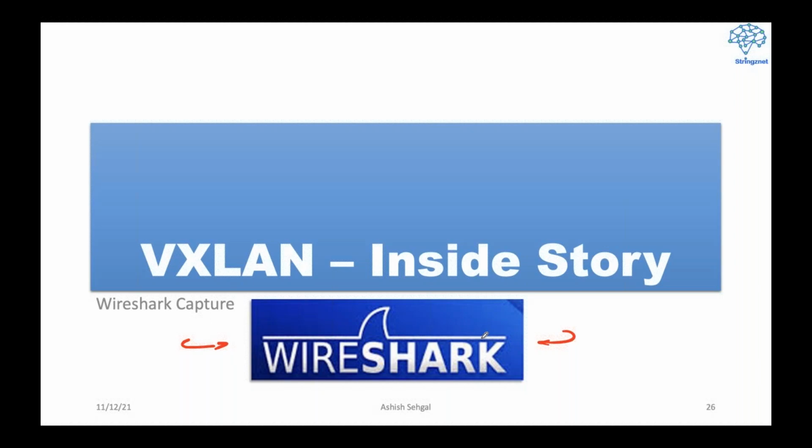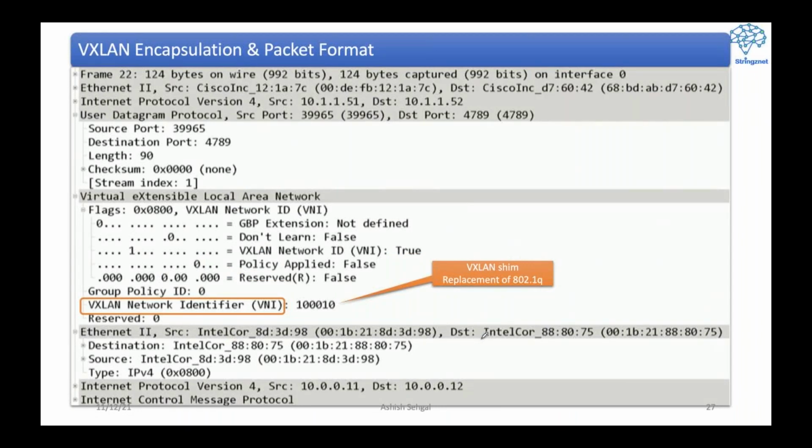So, one sweet capture by Wireshark of communication between two VTAP devices. The very first question which comes over here is, what kind of packet is traversing between two VTAP devices?